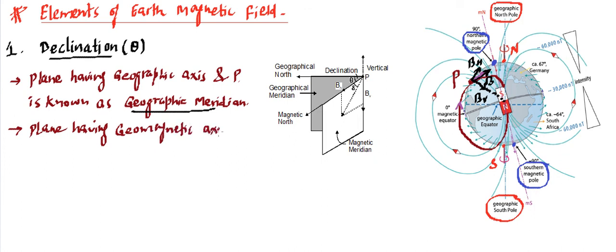When we say geomagnetic axis, you know that is the line joining the two geomagnetic poles. So that's the geomagnetic axis and the point P. This is known as the geomagnetic meridian. So first of all, you need to know these nomenclatures.